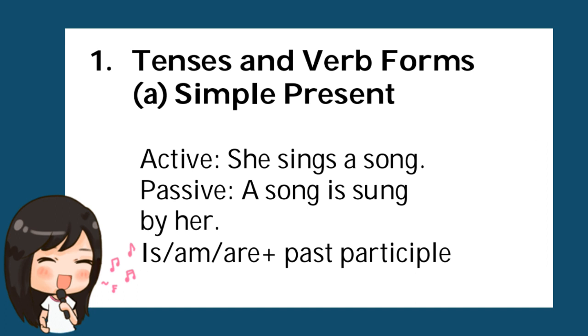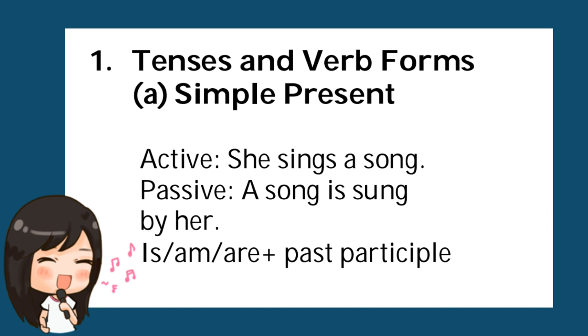Here the song, that means the object, is singular, that's why is is used. If the object is plural, we should use are, and the subject and object order is also changed. So these are the changes we made while we changed a sentence from active voice into passive voice. She sings a song became a song is sung by her.